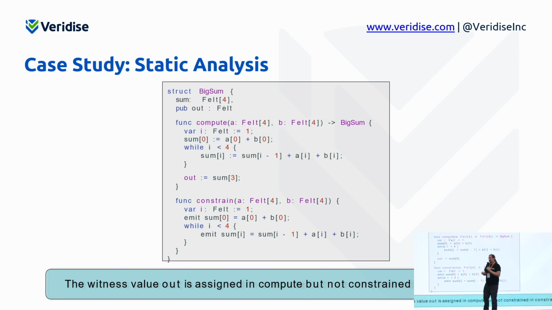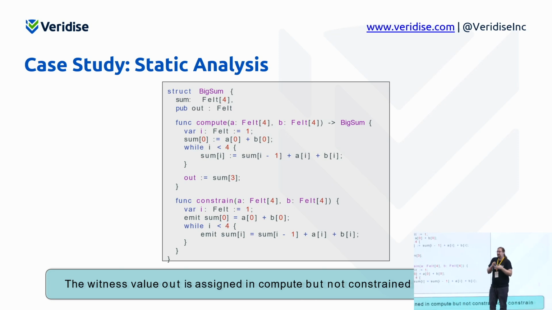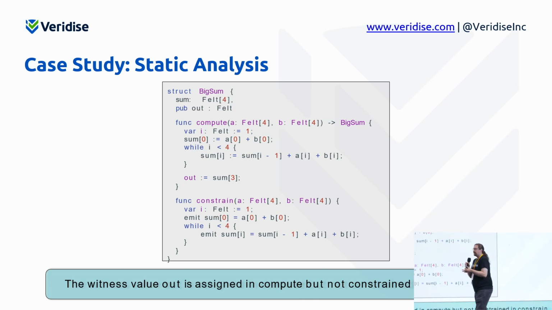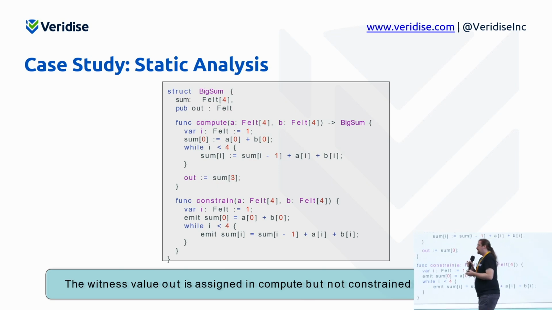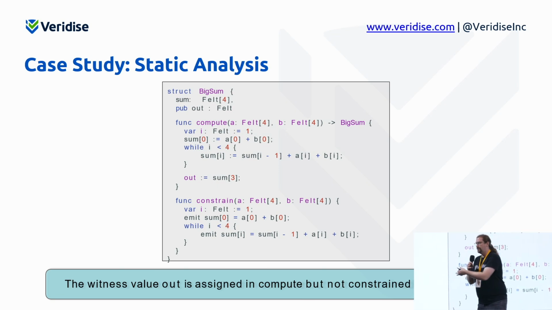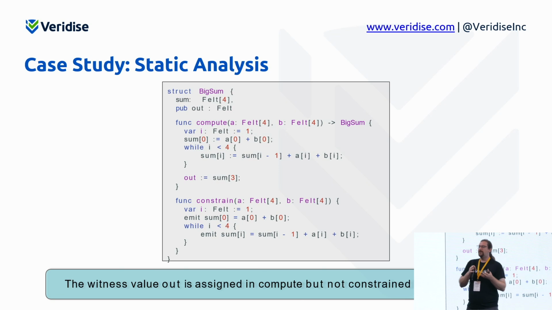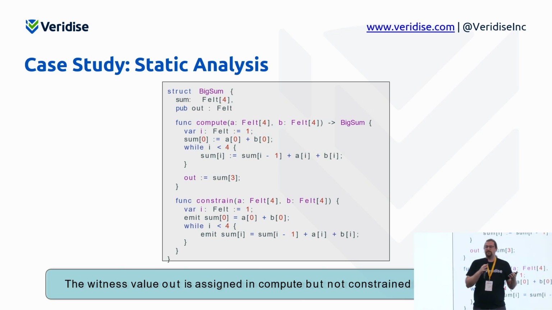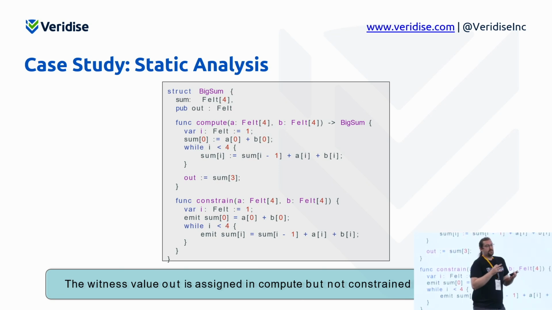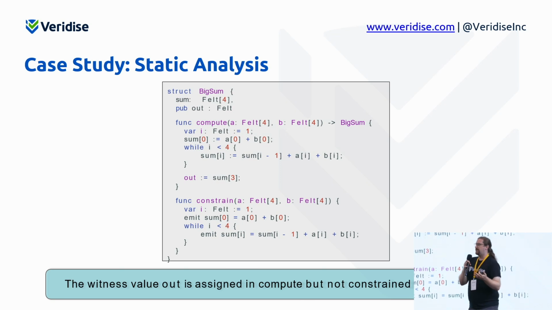But you might also notice that there's no corresponding emitted constraint in the constraint function. This allows us to do some very easy static analysis where, if we were in Circom, we might look for something like the single arrow, but here we can simply inspect the two functions that are provided and look for discrepancies. This is a common way that static analyses we've built at Veridise have been able to identify bugs.